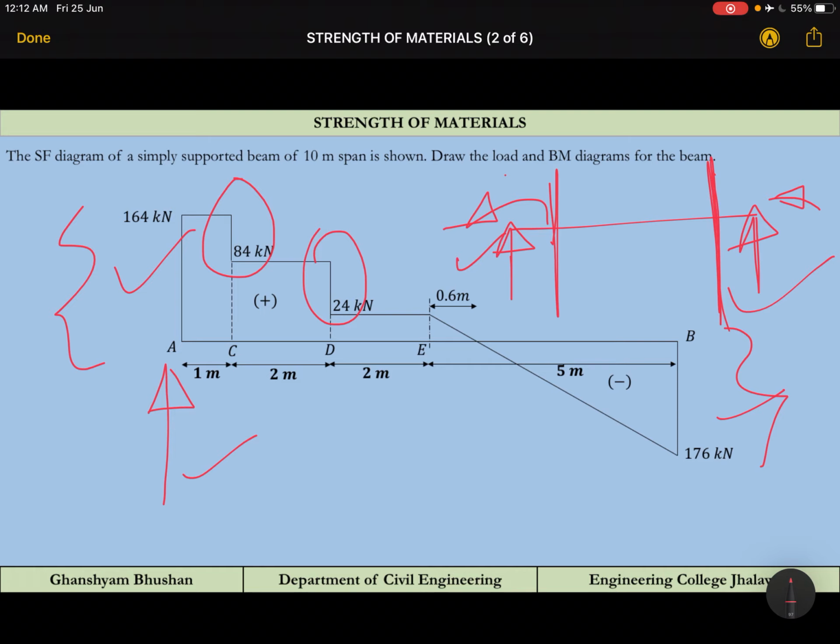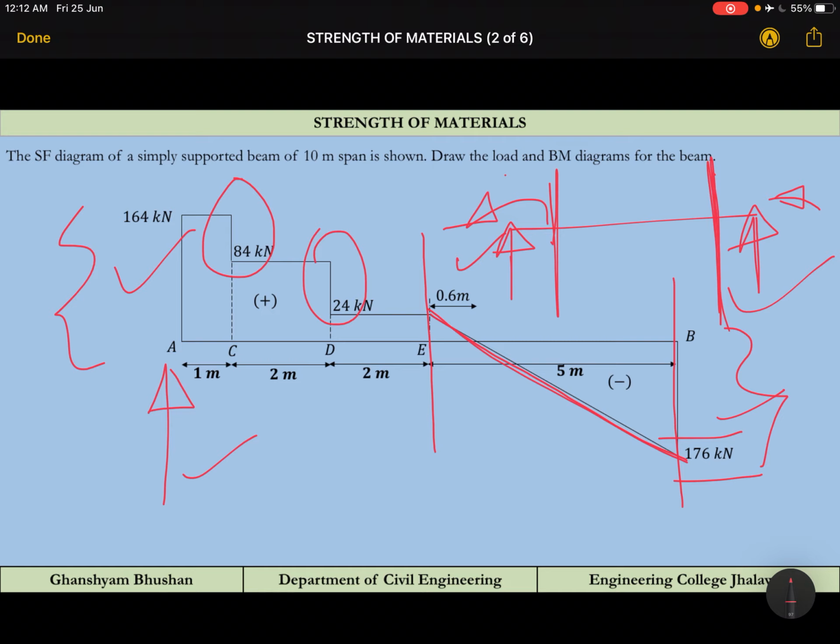We have calculated a few points. While drawing the shear force diagram for a uniformly varying load, we saw that the shear force diagram is linear, a first degree curve. Here also we can see a linear variation. So we can calculate the change in load per unit length.